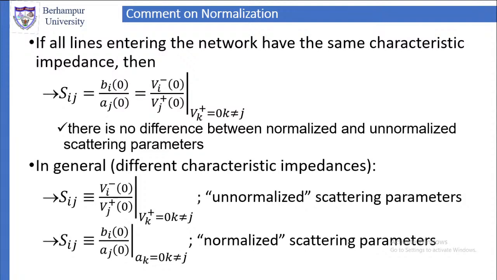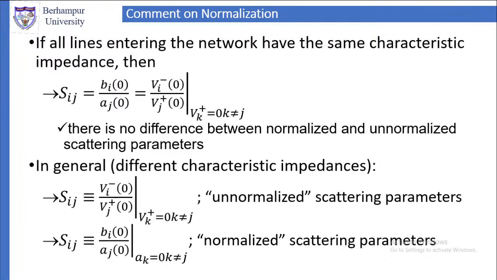So that will give us Vi minus by Vj plus when Vk plus is equal to 0 and k is not equal to j. So there is no difference between normalized and unnormalized scattering parameters. This is one important point.